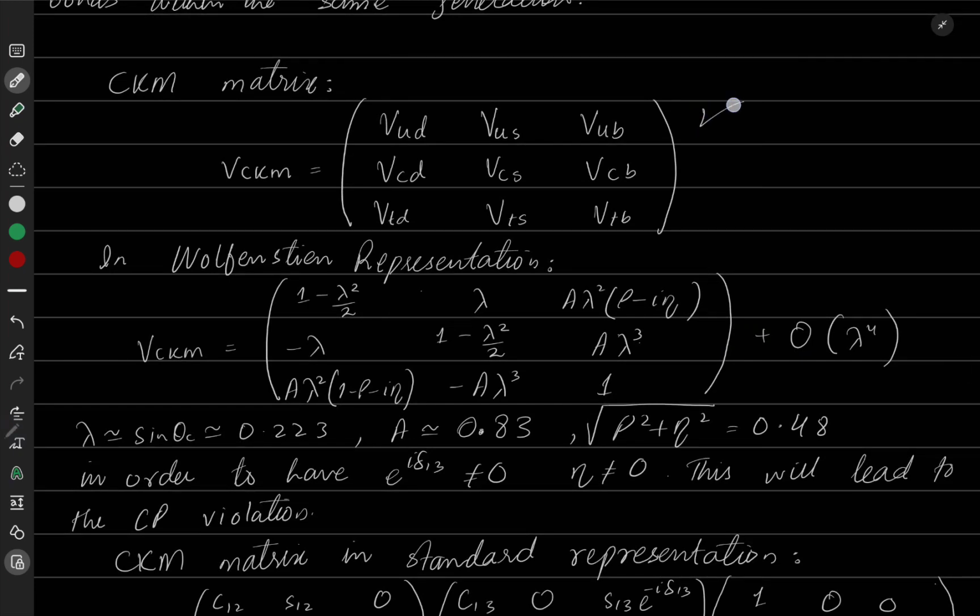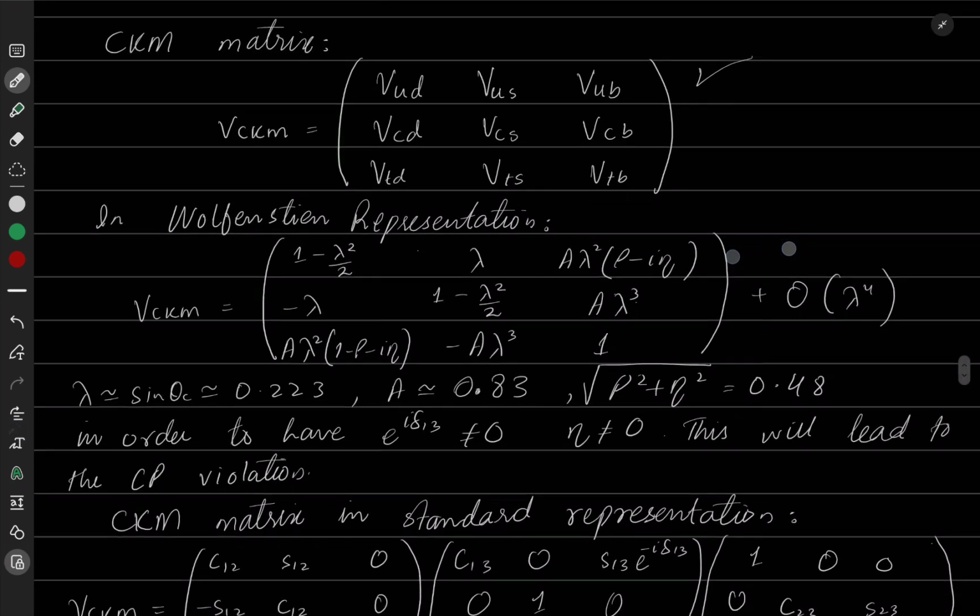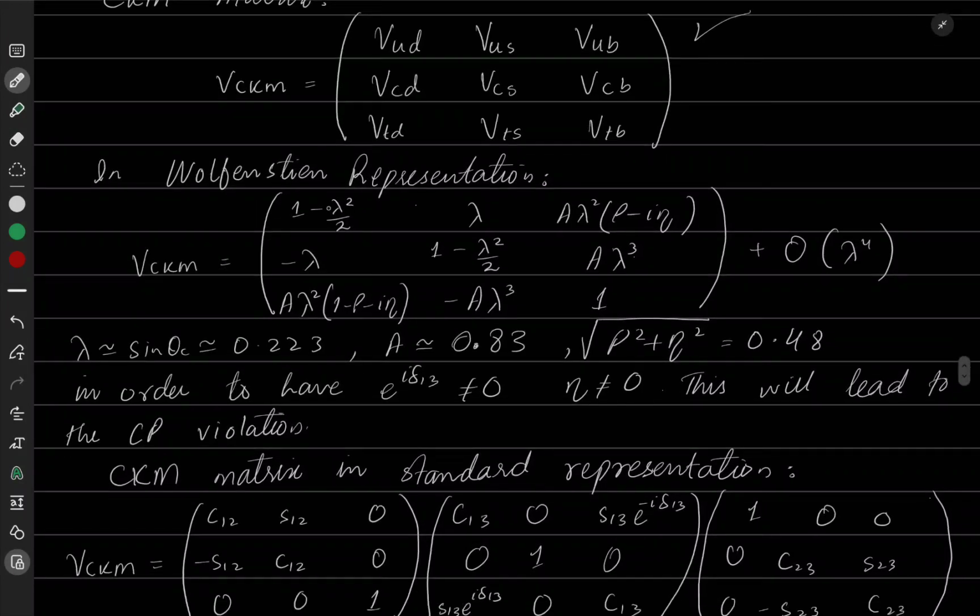Anyway, this is the standard representation, and in the Wolfenstein representation he used the parameters lambda, A, rho and eta. This is actually an approximation. We can also have, in general, terms of lambda to the fourth order, but those are too small, so we can neglect them.